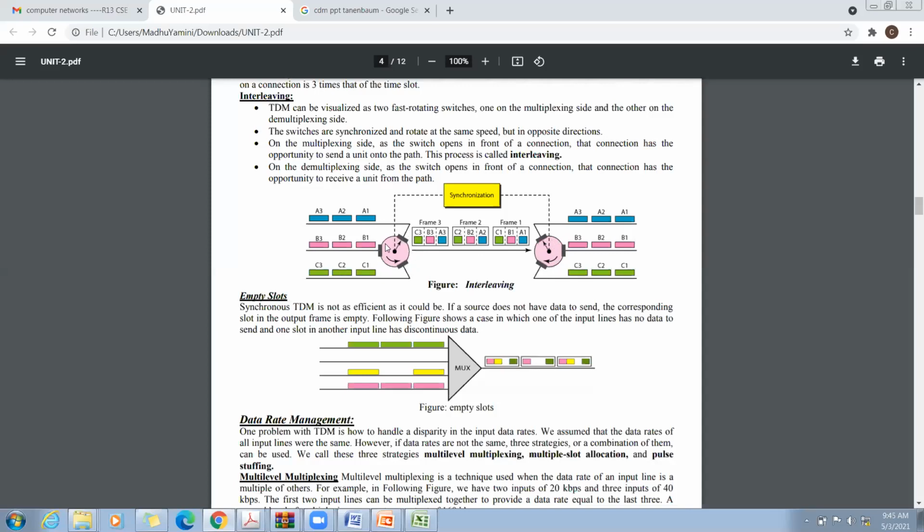As I told you in time division multiplexing, A1, B1, C1 are at time T1, A2, B2, C2 are at time T2, A3, B3, C3 are at time T3. These are converted to frames. Frame 1 belongs to A1, B1, C1. Frame 2, A2, B2, C2. Frame 3, A3, B3, C3.